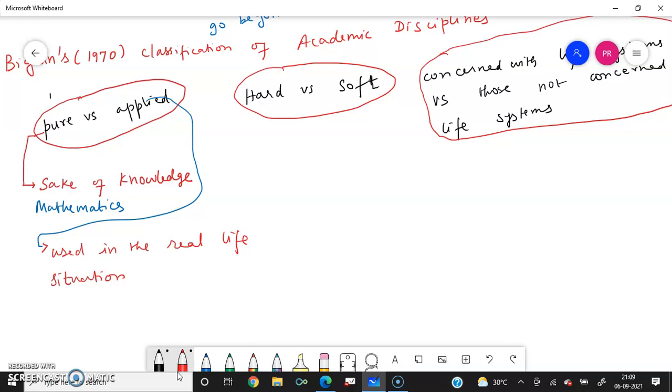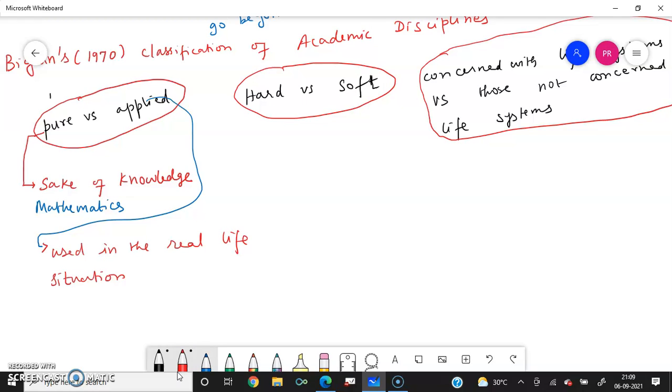So applied discipline uses knowledge from one or more disciplines with the sole purpose of application to solve some problem. There is some real life problem you want to solve, so many theoretical disciplines you use in order to solve that particular problem. This heavily depends upon the pure disciplines like psychology and sociology.